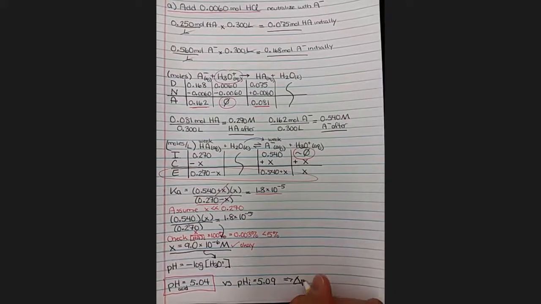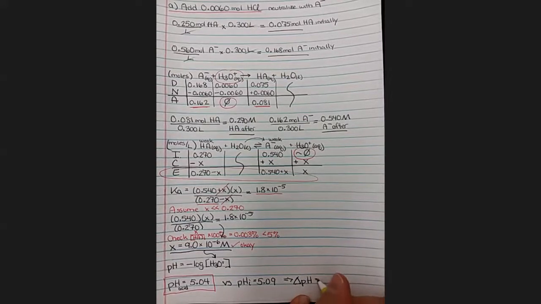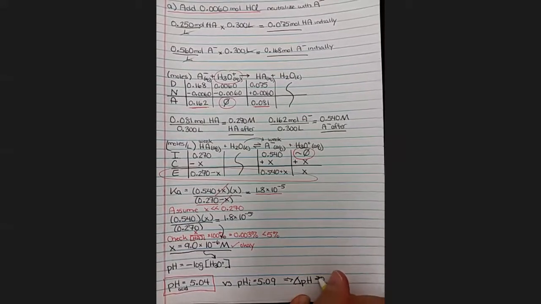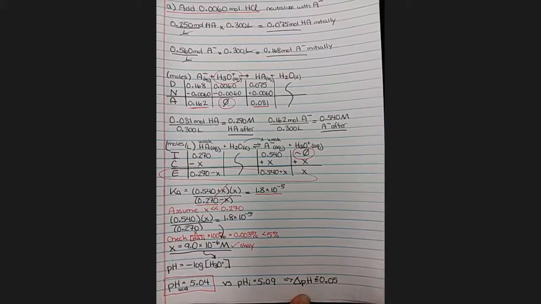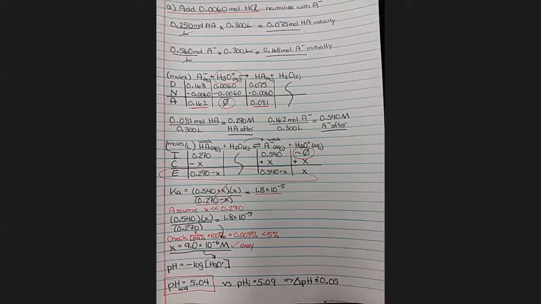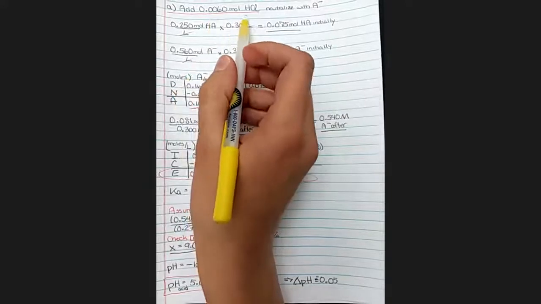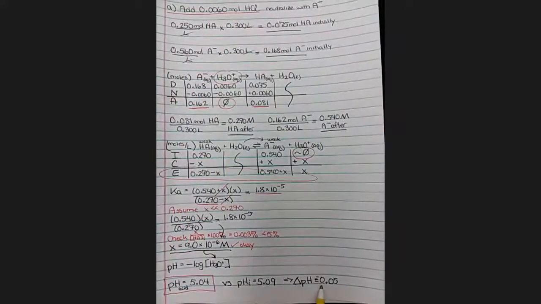So our change in pH equals negative 0.05. Let's fix that. Okay, negative 0.05. So as we expected when we added an acid, the pH did go down, but because it was a buffer, it only went down a little teeny bit, just a little bit.